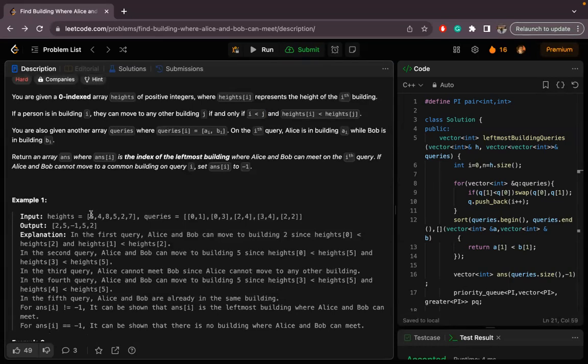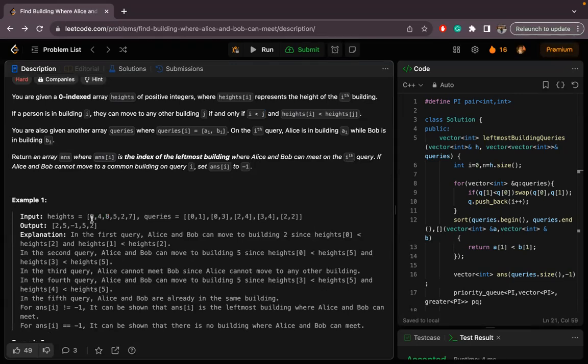So they cannot meet at 6. Can they meet at 4? No. Why? Because the height of this one is lesser, 4 is lesser than 6, so they cannot meet at 4 as well. But can they meet at 8? Yes. Why?